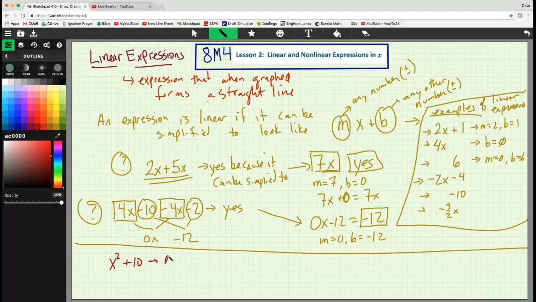This is not a linear expression, because I have an exponent in my x term. So what else is not a linear expression? x cubed plus x squared plus 2. These are all going to be not linear expressions.